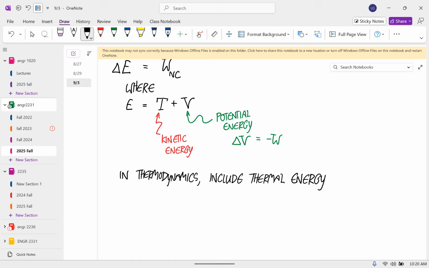And so now we're going to define the energy of our system as the kinetic energy plus the potential energy plus one new thing, U. So this is the kinetic energy.